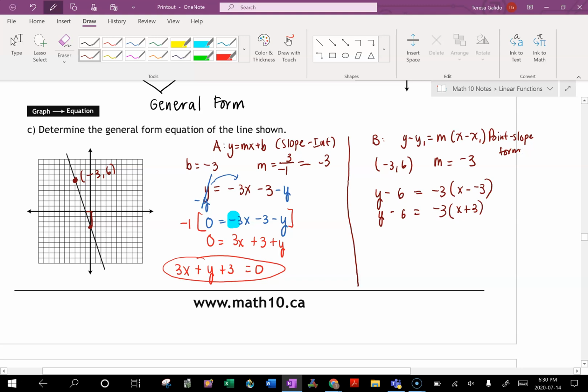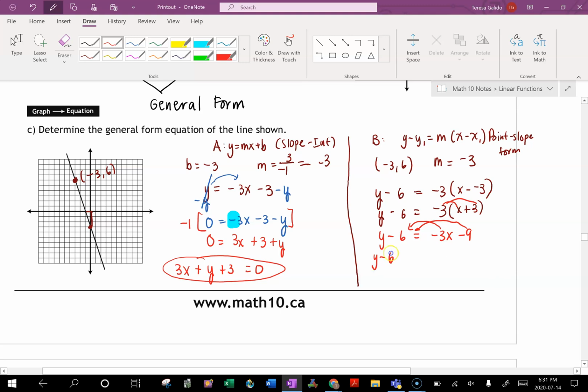So for us to convert it into general form, we're going to do a little bit of expanding here. So y minus 6, multiply these two, -3x, -3 times +3 is -9. And for general form, putting them all on the other side. We're going to put these guys over here and this over here because the general form should be equal to 0 on one side.